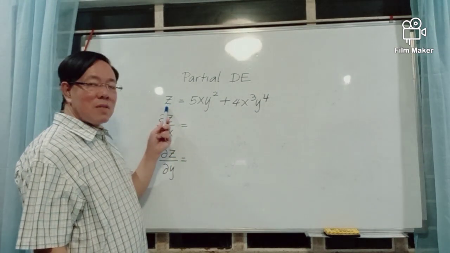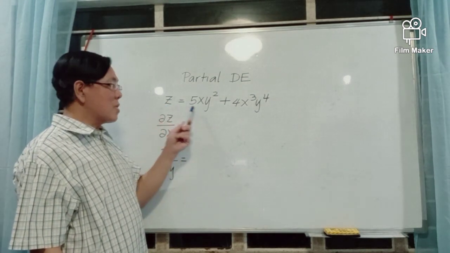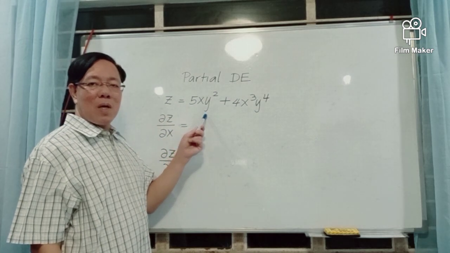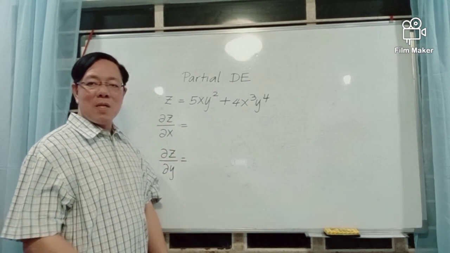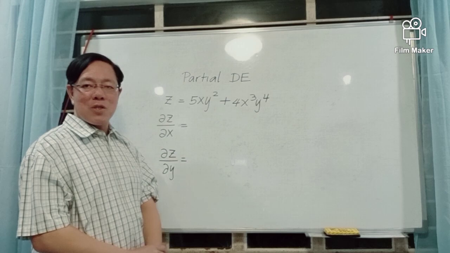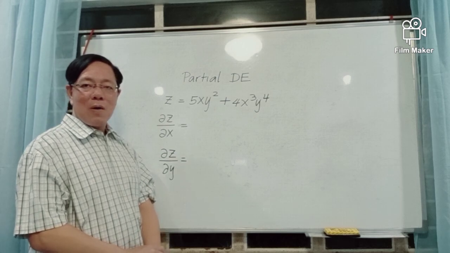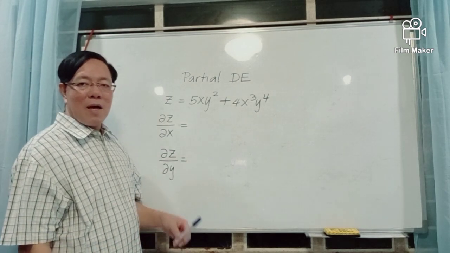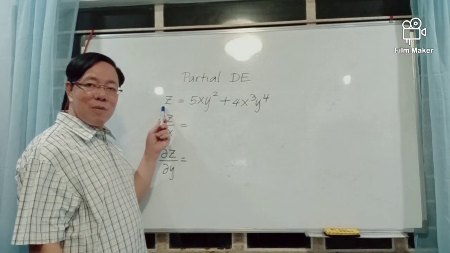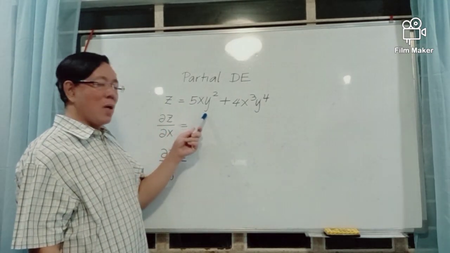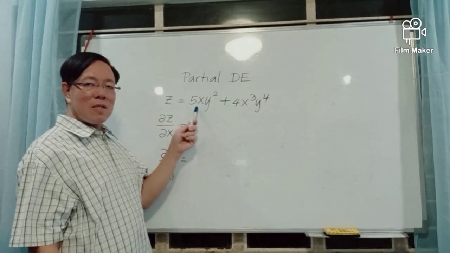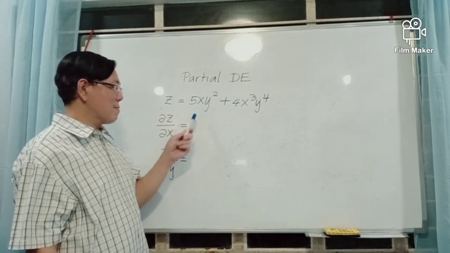When you get the derivative of z with respect to the independent variable y, that derivative is also known as the partial derivative of z with respect to y. And when you get the partial derivative of z with respect to y, you now consider x as a constant.